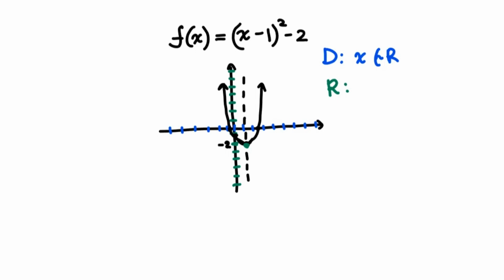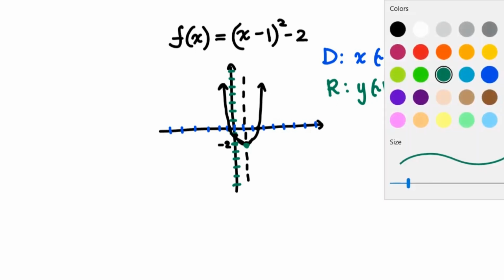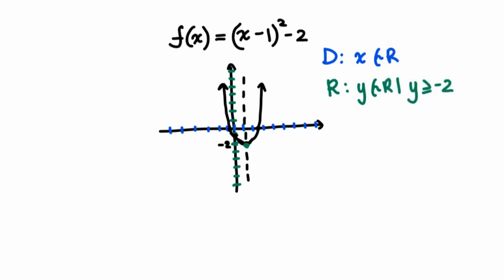It only exists above this value. Therefore, I need to restrict the function range. So here I will say that y is all real numbers, but y has to be either equal to -2 or greater than -2. So that's my range. If I wanted to use an interval notation, then I would record it like this.